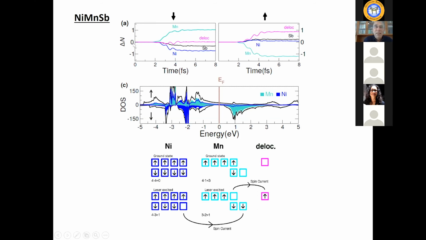So you increase the number of spin down electrons by 1 on manganese, and you decrease it by a little bit less than 1 on nickel. For upspins, you have a large contribution of delocalized electrons. On nickel nothing happens, but you decrease the number of electrons on manganese by 1.